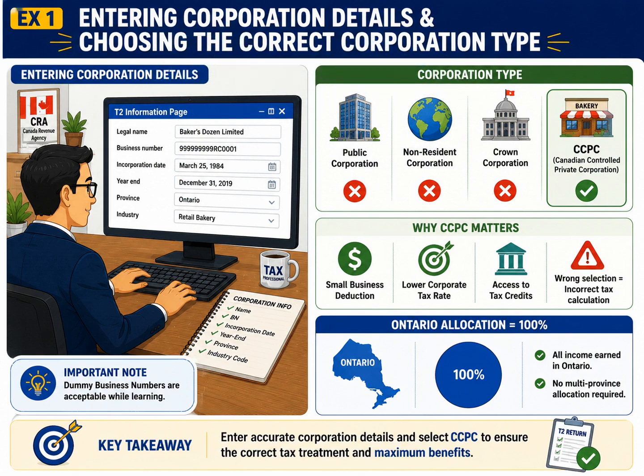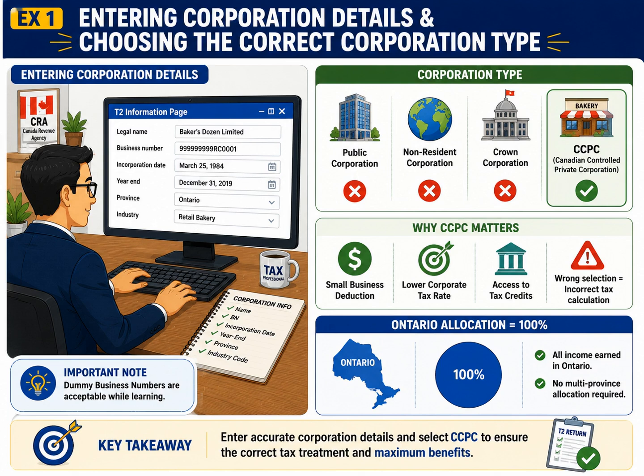One of the most important decisions on the information page is selecting the correct corporation type. In this example, Baker's Dozen Limited is a Canadian-controlled private corporation, commonly known as a CCPC. This selection is extremely important because many of Canada's corporate tax benefits are available only to qualifying CCPCs.